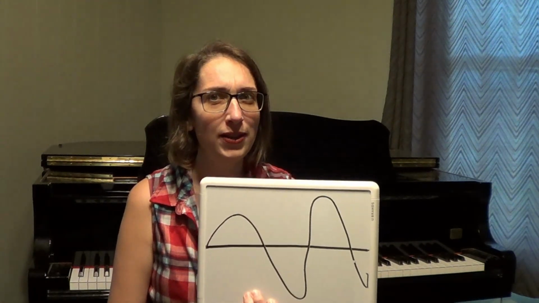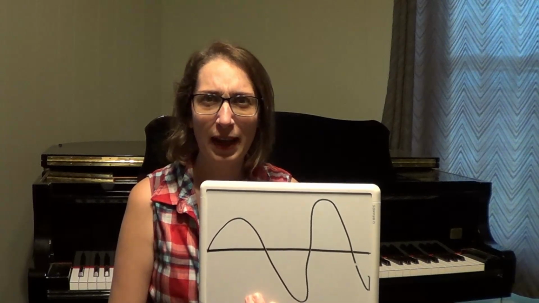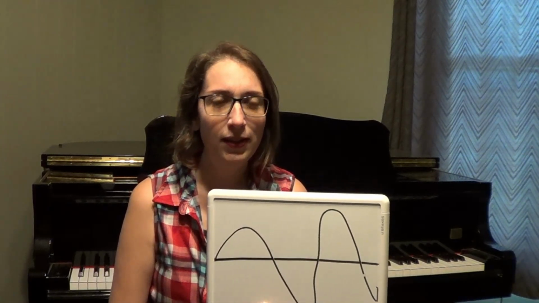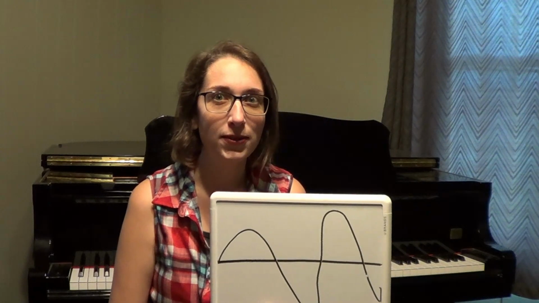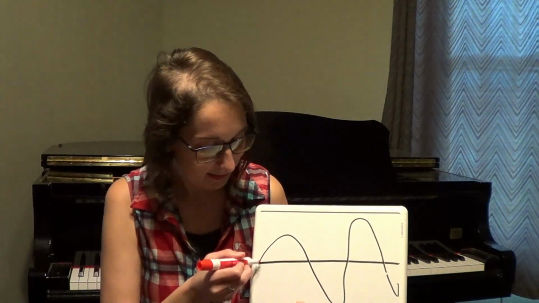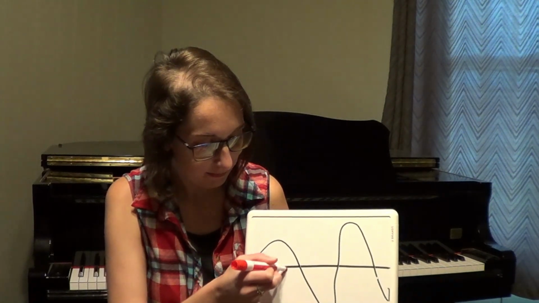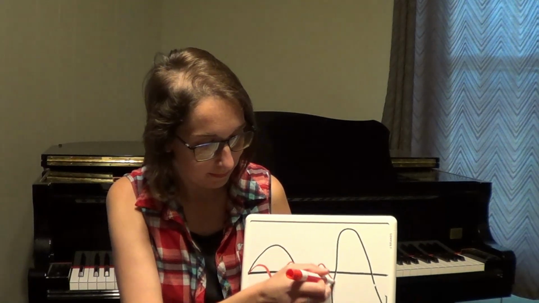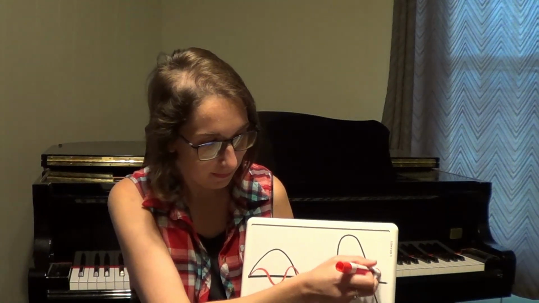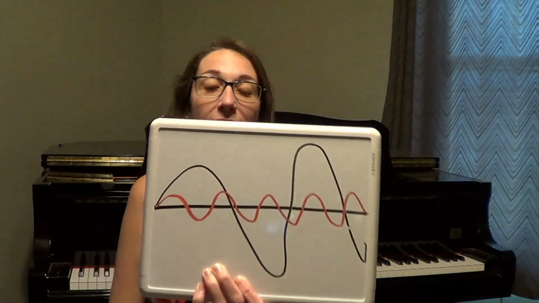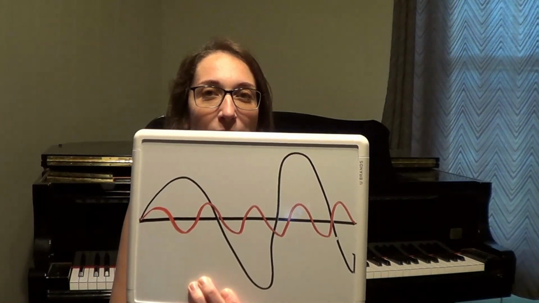So it'd be one sound, but what happens if I add another sound to it? Let's do a high, soft sound with it. So the red here is my high, soft sound.